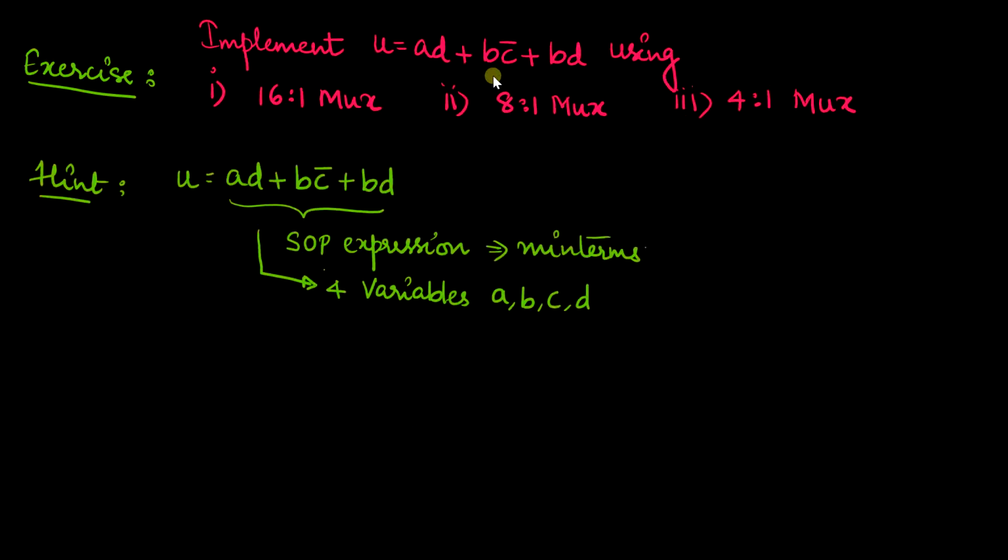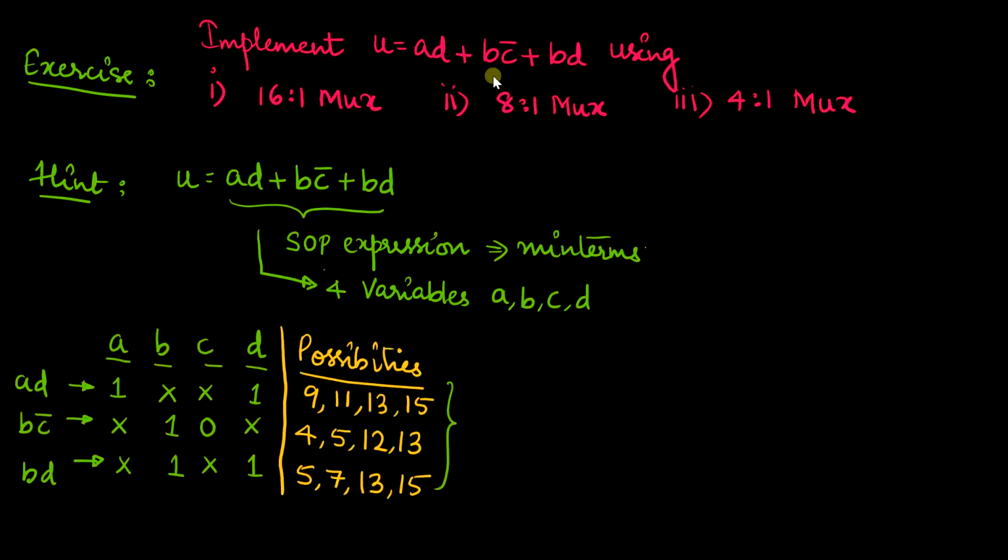So I will identify the 4 variables which are A, B, C, D, and then I am going to consider the remaining variables as don't care terms which are not present in the SOP expression. So you have AD, which is A corresponding to logic 1 and D corresponding to logic 1. BC bar is 1, 0, remaining are don't care terms. BD is equal to 1, 1, remaining are don't care terms.